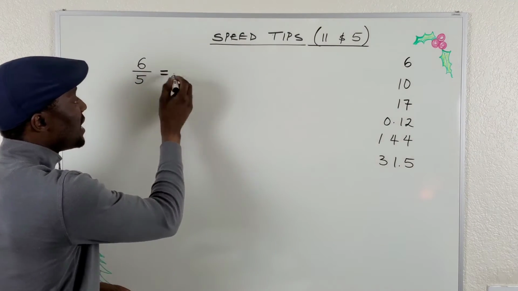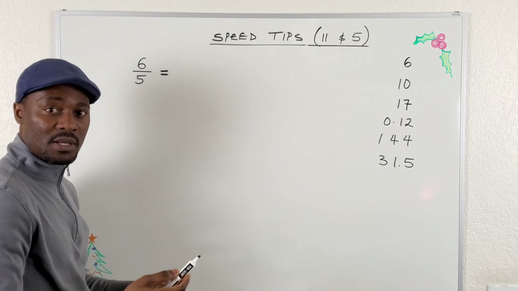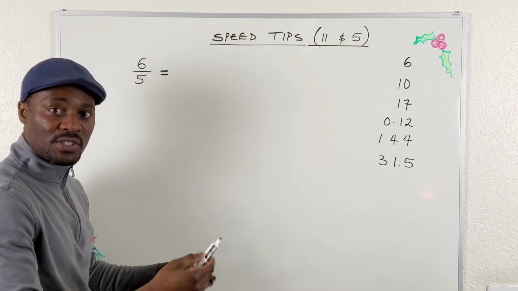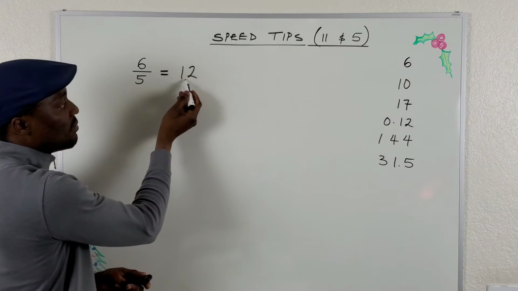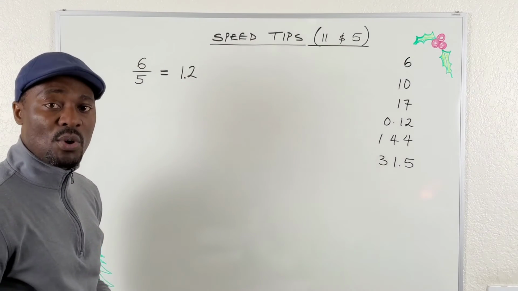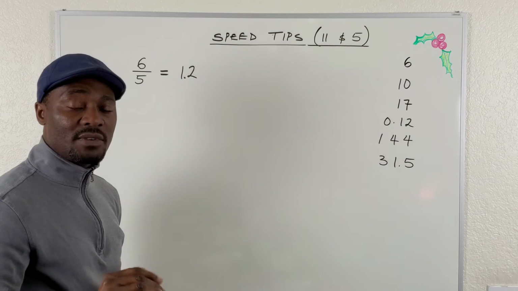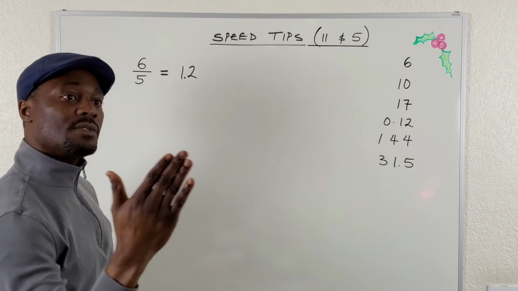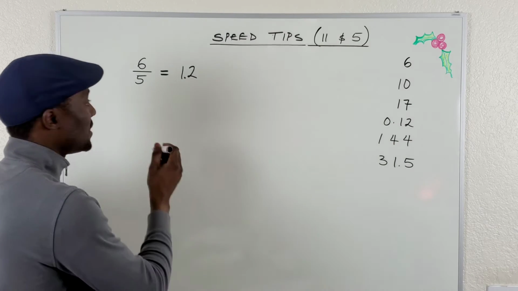All I'm going to write is just double the numerator, the number I'm dividing. Everybody knows that when you double 6, you get 12. So I'm just going to write 1, 2. Then I'm going to move the decimal place just 1 point. And that's my answer. Your answer is 1.2. So whatever number you are trying to divide by 5, double the number and shift the decimal point 1 to the left. That's it.